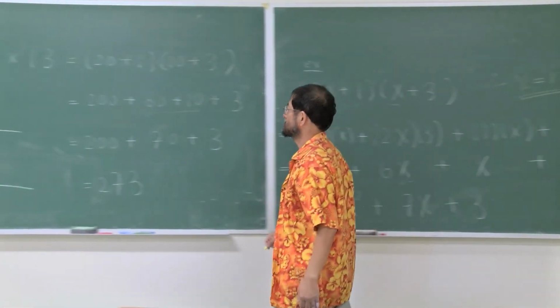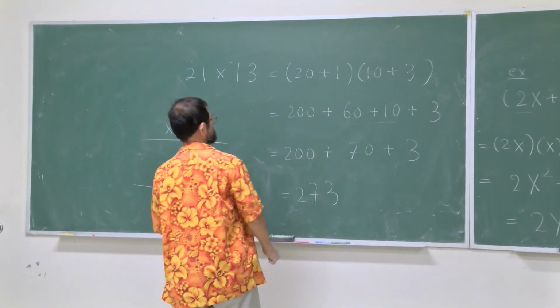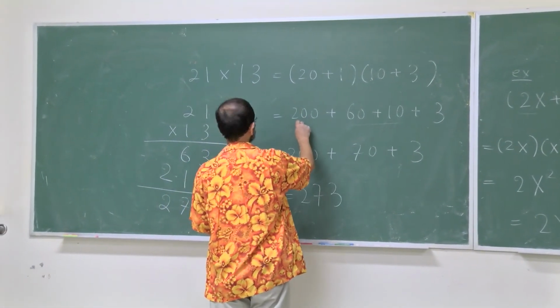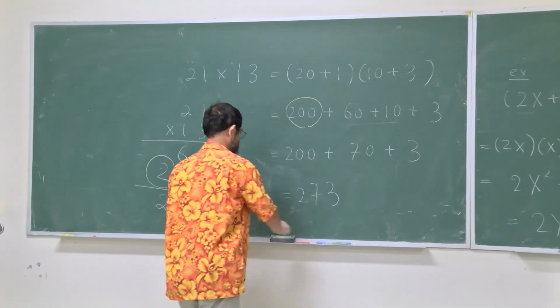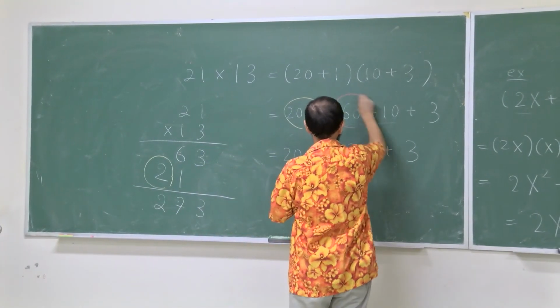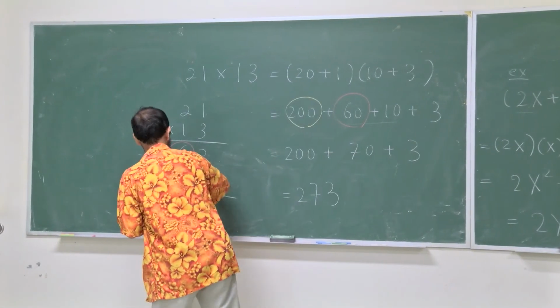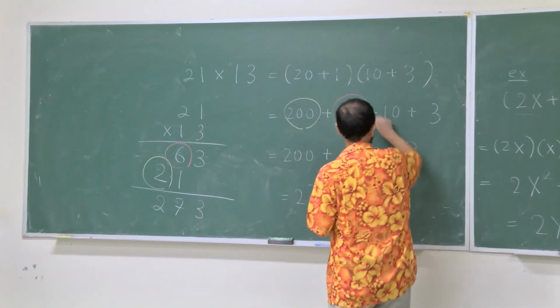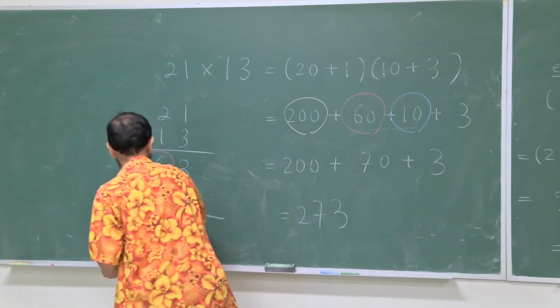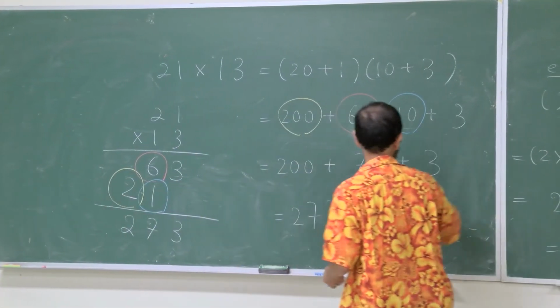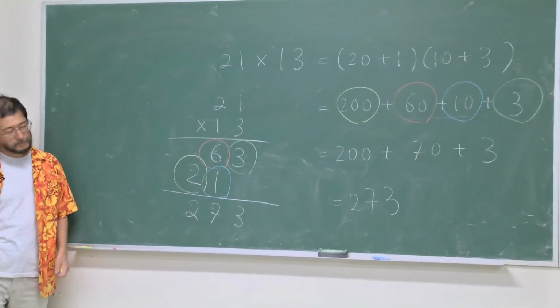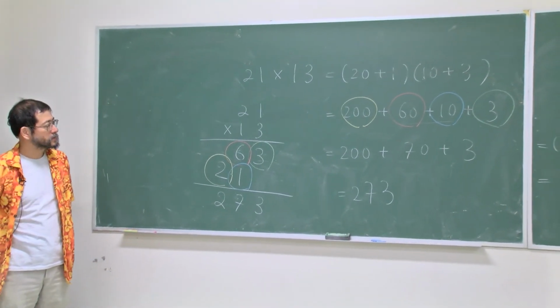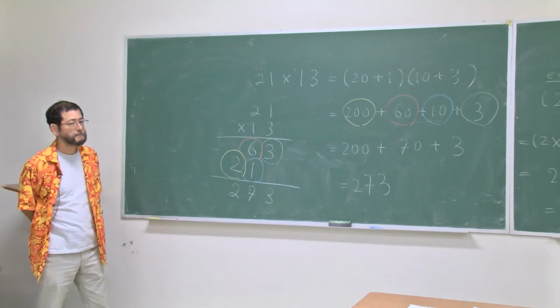So this corresponds to that F, right? And then 60 corresponds to this one. 10 corresponds to that. And then finally 3 corresponds to this one. So you will see that FOIL is used here. Thank you.